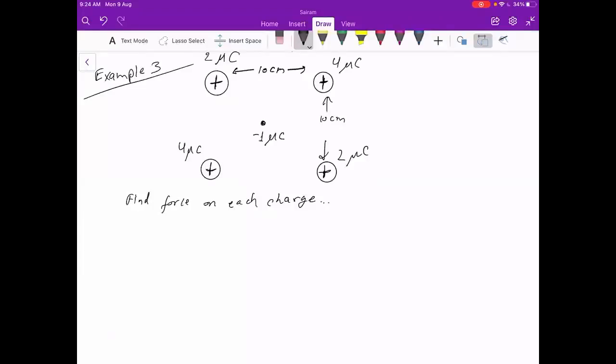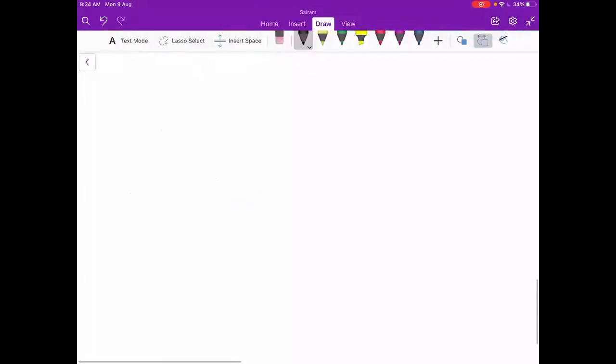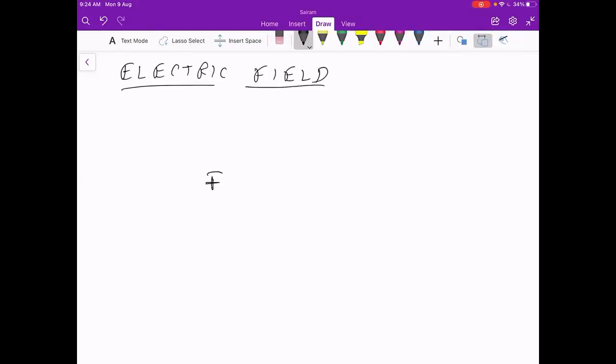Okay, so this is Coulomb's law. More or less, we have understood it. Now more discussion is required. Let's go to electric field. What is electric field? What does it look like? So a positive charge is capable of throwing out lines of electric field called electric field lines or electric lines of forces.